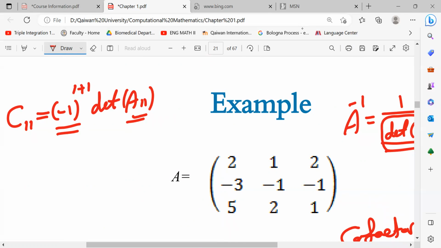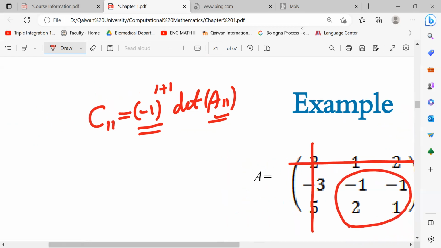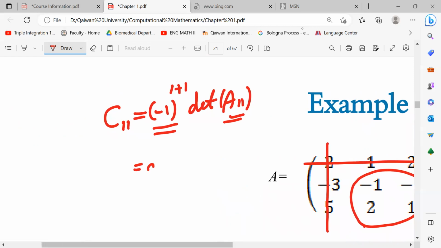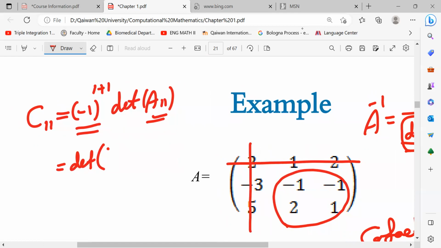A11 is a submatrix made by removing the first row and the first column. So what's left? This one. We find its determinant. So it is the determinant of -1, -1, 2, 1.